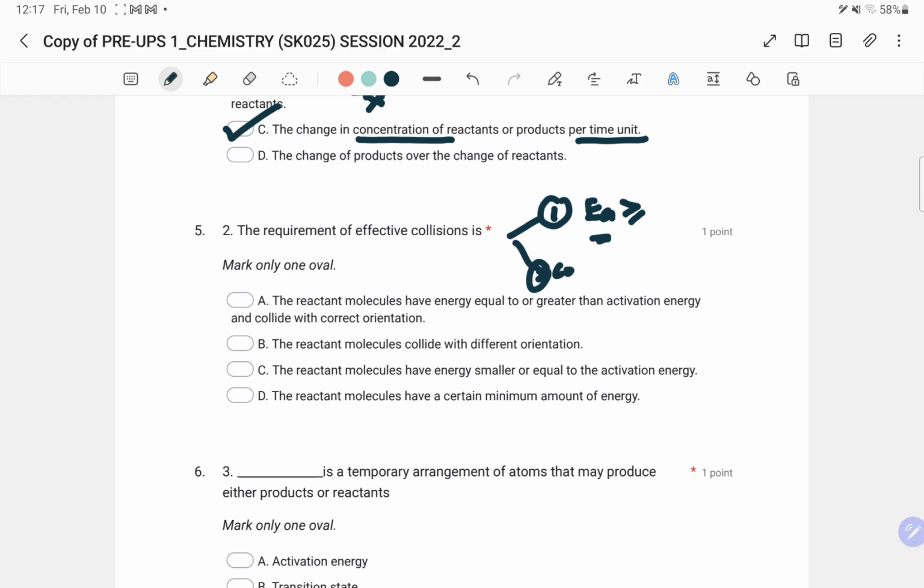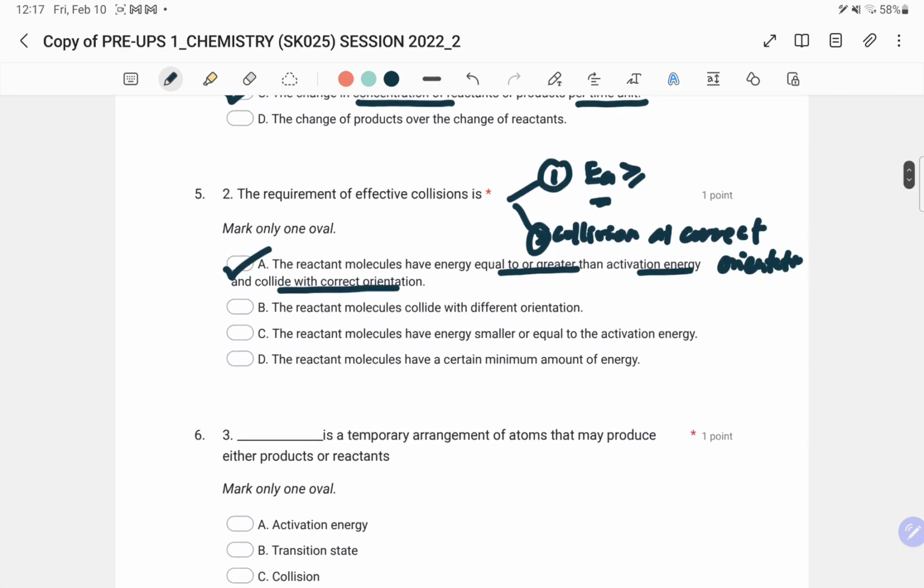And second one adalah collision must be at correct orientation. Okay, so have energy equals then activation energy, collide correct orientation lah. Okay, the reactant molecules collide with different orientation, tak boleh. Yang ni smaller, salah. Reactant molecules have certain minimum, pun salah.